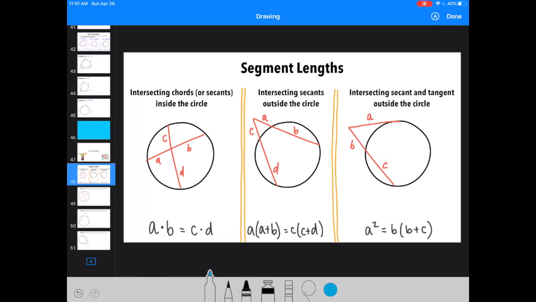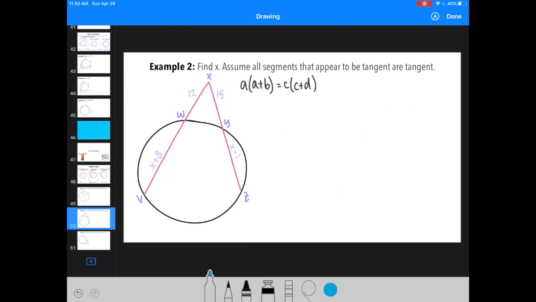So for chord AB, I take A times A plus B, which is equal to C times C plus D. So you're multiplying by that portion that's outside of the circle, and then by the sum of the components of the line.